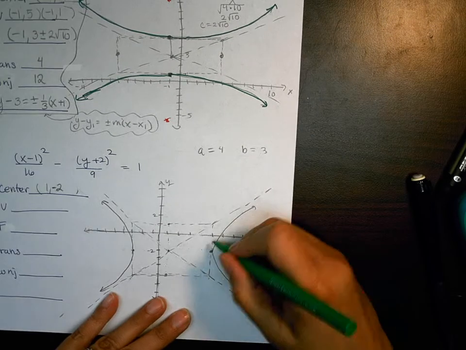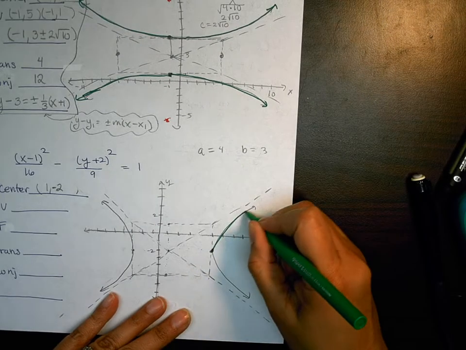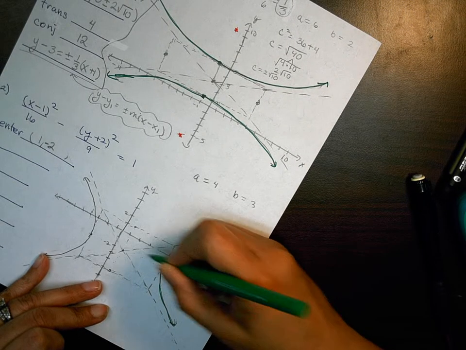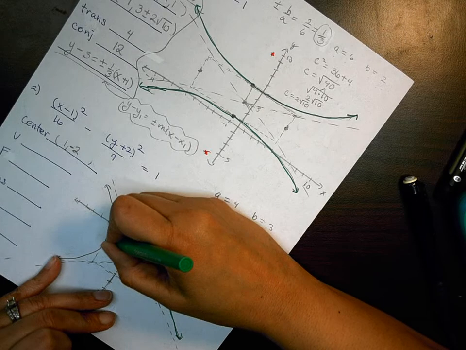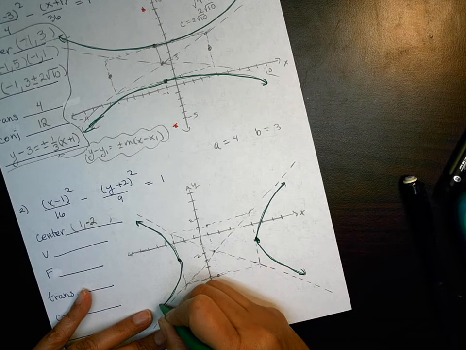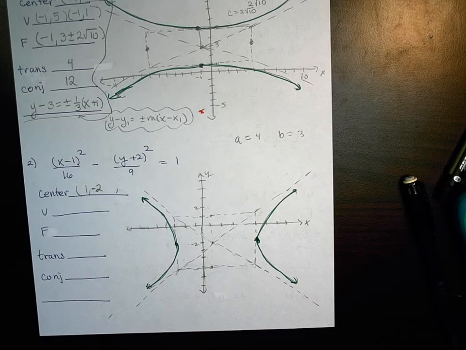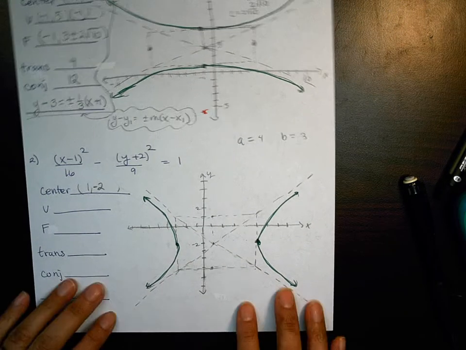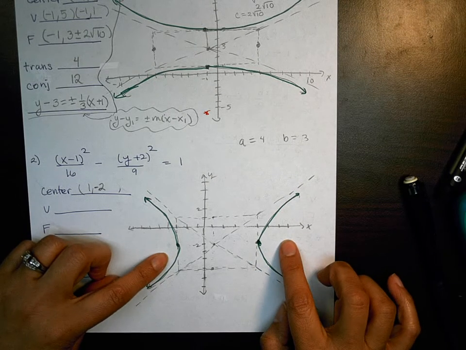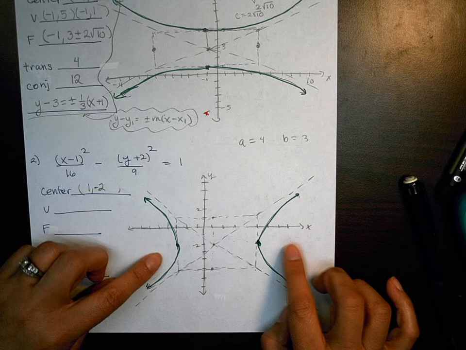So go ahead and find your vertices now. These points right here are your vertices, the ones that I just darkened in. Are they your vertices because they are the points furthest apart, or because your graph is running right and left? Because the graph is running right and left.